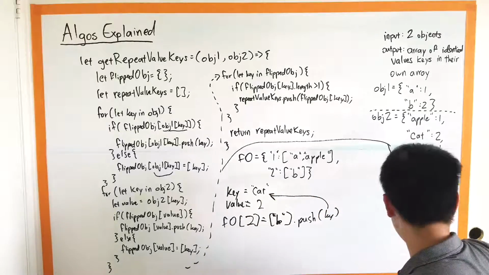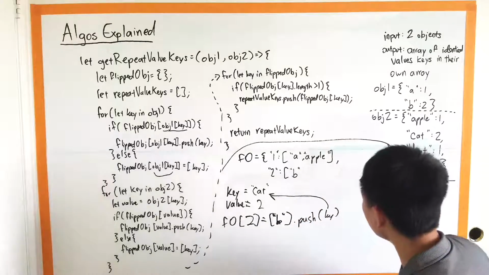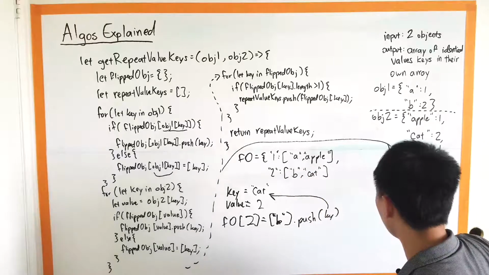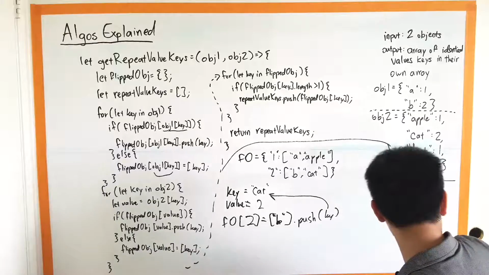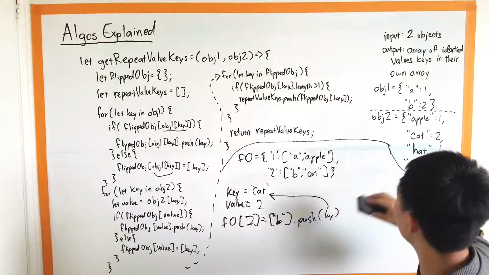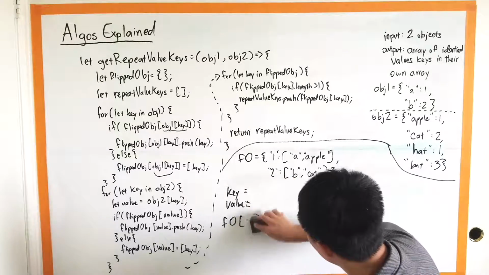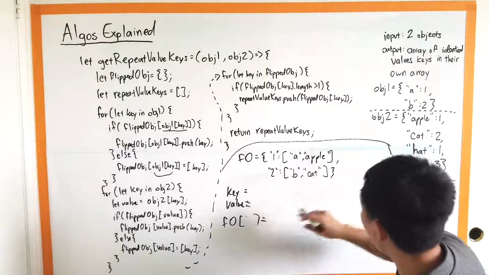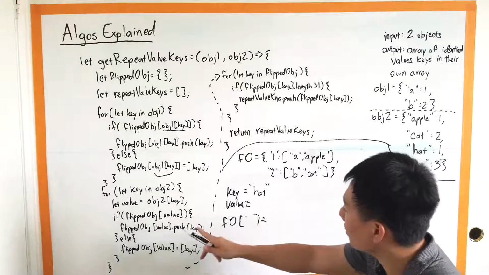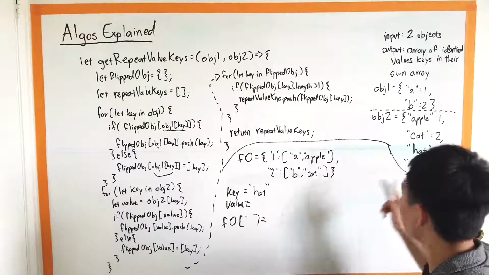And so right in here, cat. There we go. Cool. And so we ended that. We're going to the next key. Next key is hat. Key hat. What's the value? The value is object 2 of key hat, which is 1.